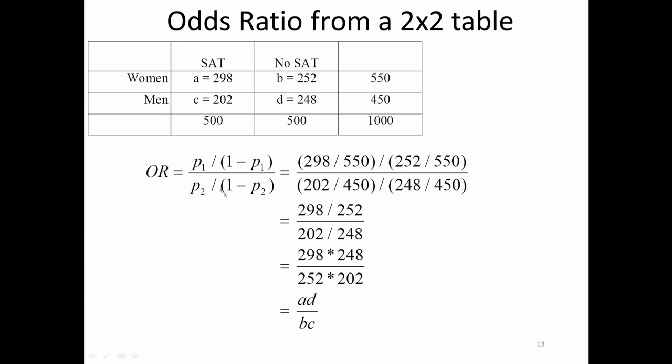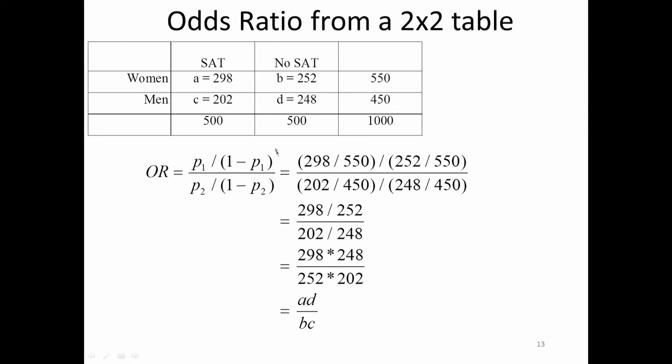Understand? So how do you calculate P1? P1 is nothing but 298 by 550. How do you calculate 1 minus P1? 252 divided by 550. How do you calculate P2? 202 divided by 450. How do you calculate 1 minus P2? 248 divided by 450. So we can cancel all of them, and it comes to 298 multiplied by 248, divided by 202 multiplied by 252.